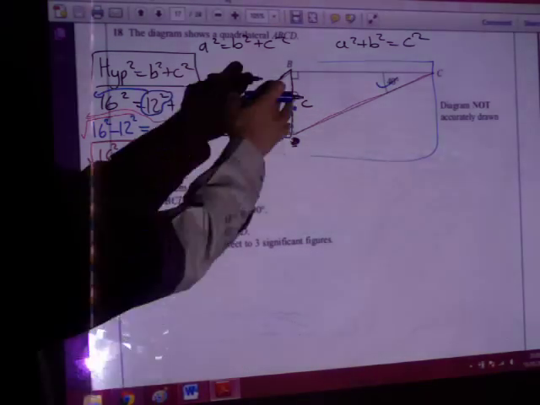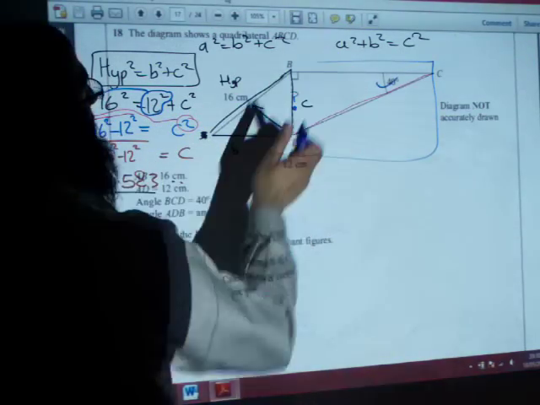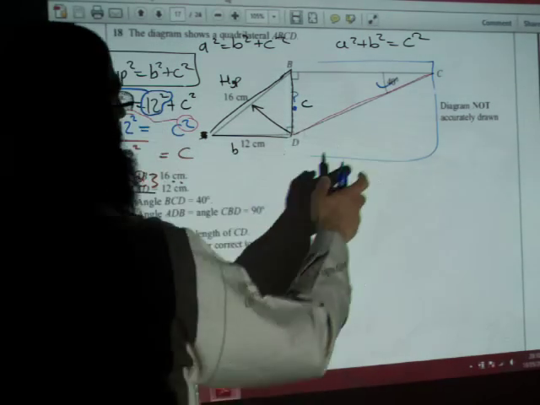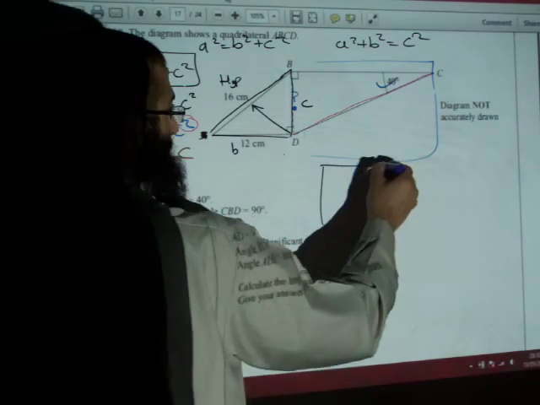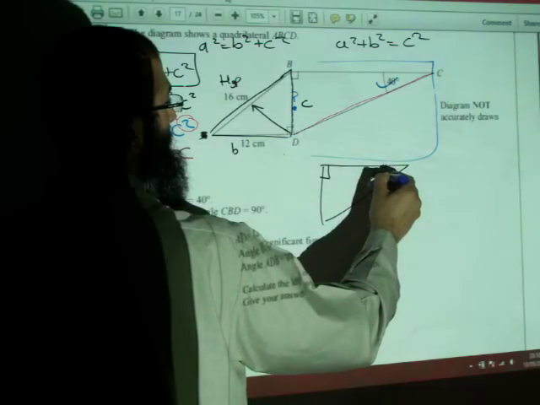Let's now move on to the second part of the question, which is working out the length BC. So we've got to work out this length over here now. Let's have a look at the triangle. We've got 40 degrees over here.